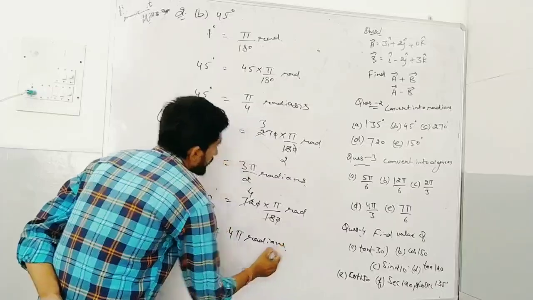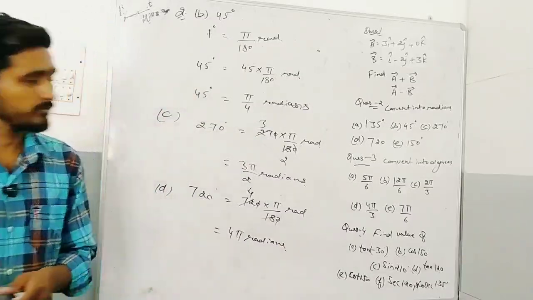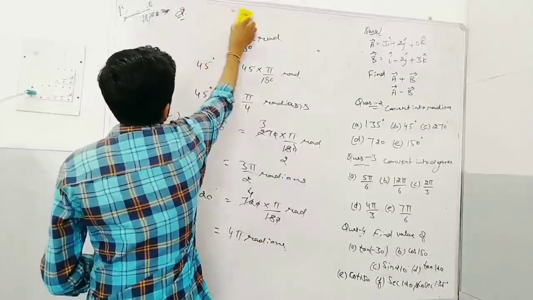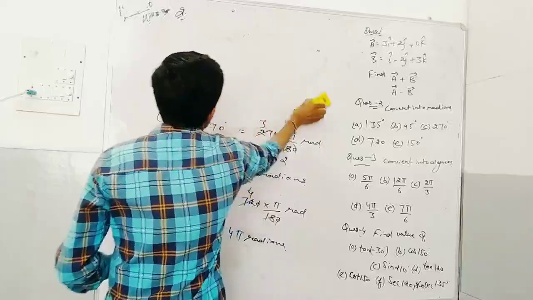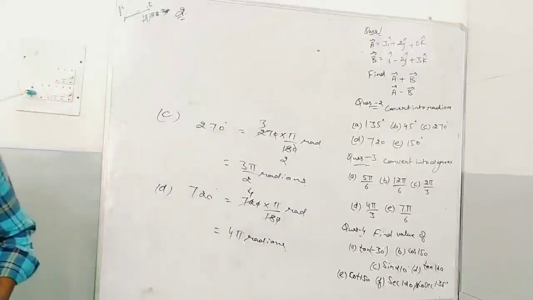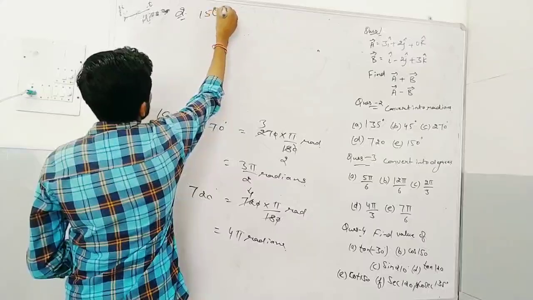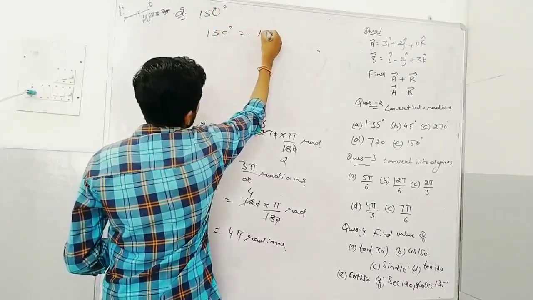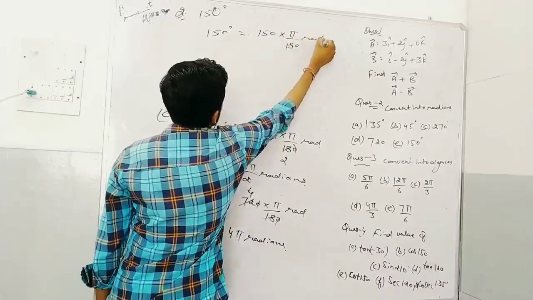What does the next part say? 150 degrees. 150 degrees is equal to 150 into pi upon 180 radians.